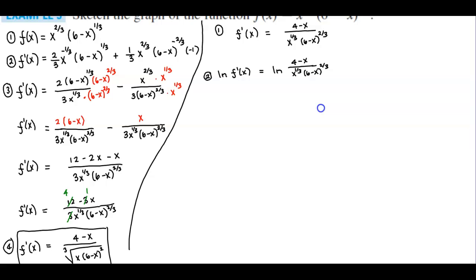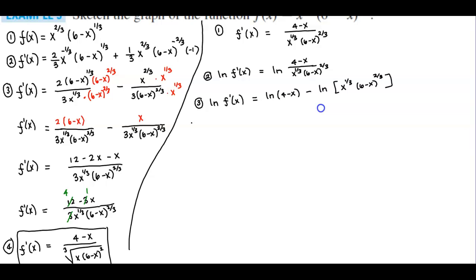All right, so now what we want to do is use the laws of logarithms. So in step number 3, we have the natural log of f prime of x. Let's go ahead and rewrite this as the natural log of (4 minus x) minus the natural log of x to the 1/3 times (6 minus x) to the 2/3.